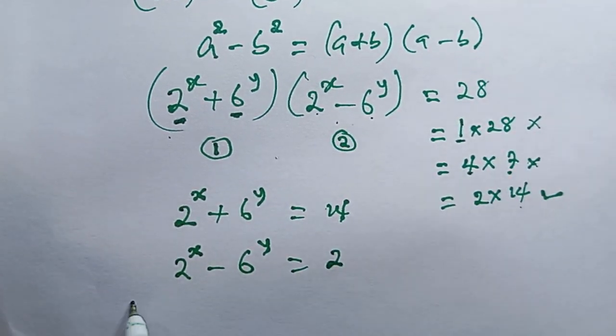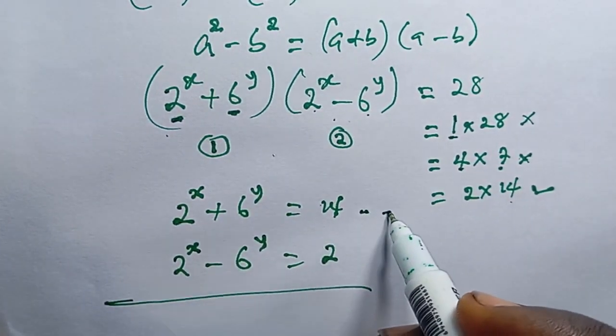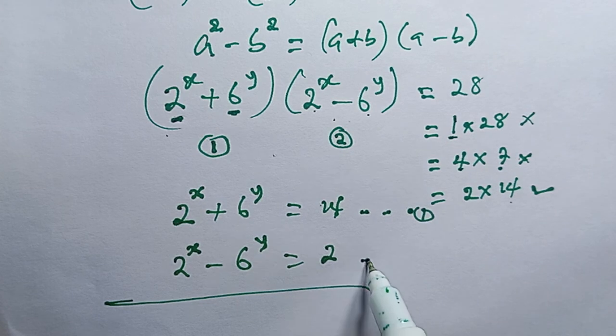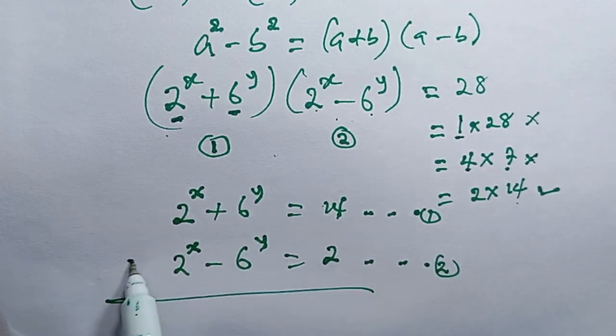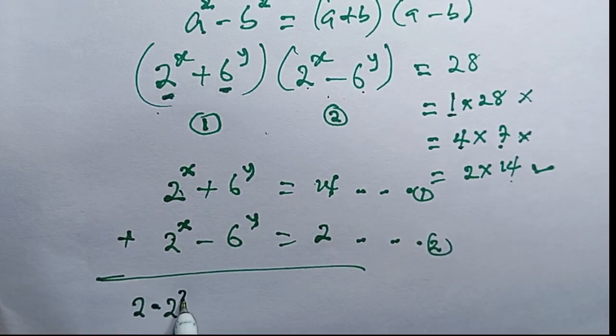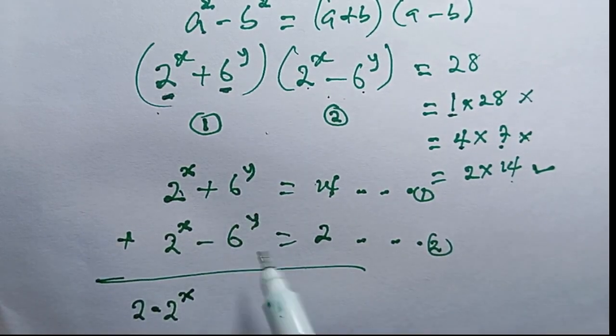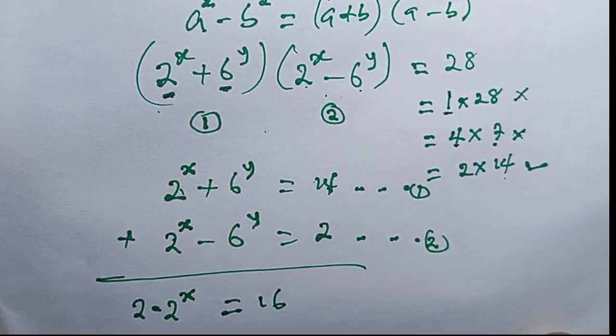Okay, and at this point we can solve both of them simultaneously. So if we call this equation 1 and then call this equation 2, we can actually add equation 1 to equation 2. So if we do that, this plus this will give us 2 into 2 power x, and then this plus this will be equal to 0. This will be equal to 14 plus 2, which is equal to 16.